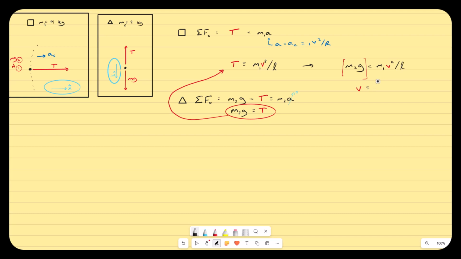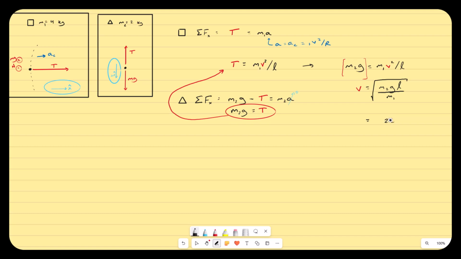V equals, I'm going to get the square root of m2 g L divided by m1. If you are not sure how I got here, take a second and work that part out. Make sure you convince yourself that that's what v would actually be.